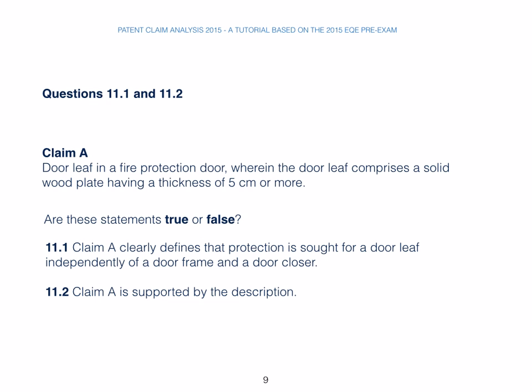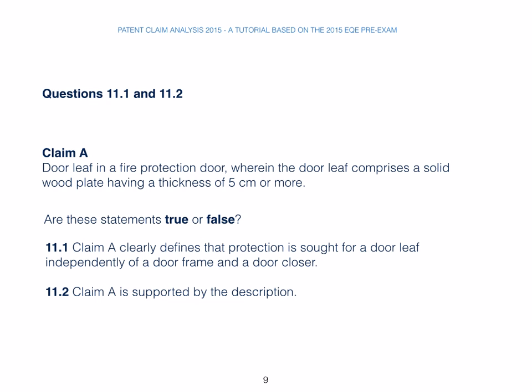This is about clarity of the claim. The question is to know whether the claim covers the door leaf alone or the door leaf as part of a fire protection door. So make up your mind and say true or false. We'll check later. The second statement, 11.2, is: claim A is supported by the description.